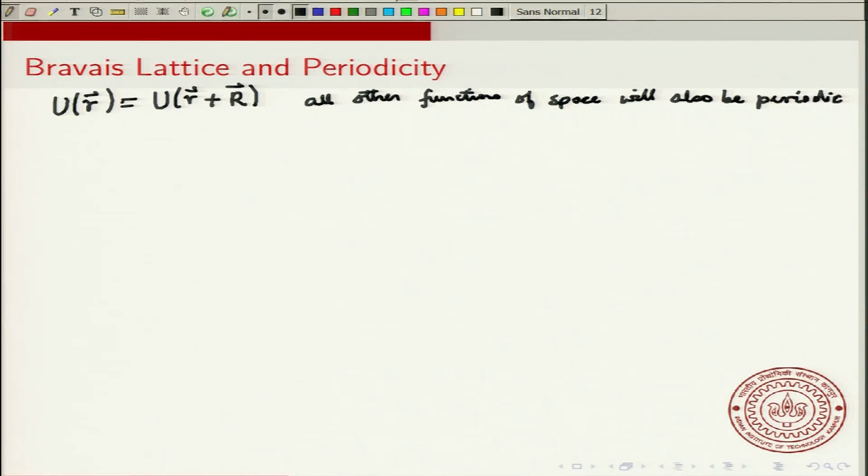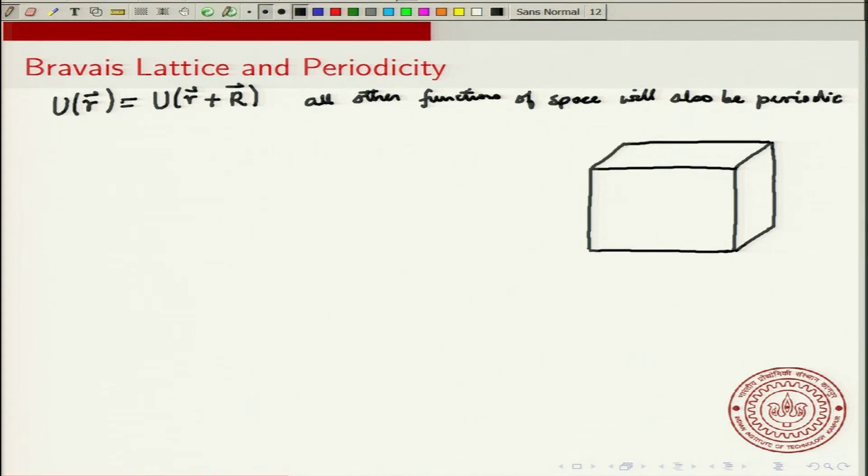Now, I also mentioned that there is a periodicity that comes from the overall size of the cell, and let's look at this. So, we have this overall box, and again this is Lx, Ly, Lz.